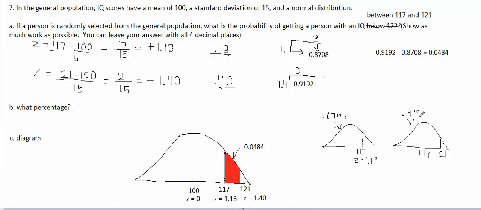And if we want the probability just between 117 and 121 in this little area, what we have to do is subtract out the area to the left of 117. So we have to get rid of all of this area below 117. And all of this area to the left of 117 is equal to 0.8708.